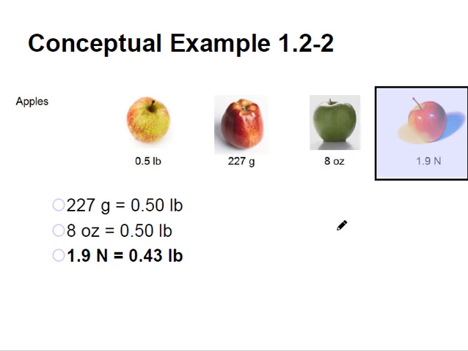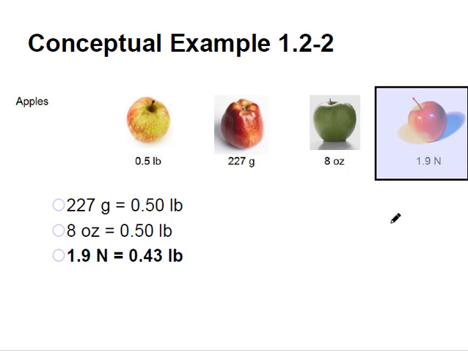Okay, we do the same thing, and we're going to choose which objects weigh more. 227 grams is 0.5, half a pound. And you have half a pound here. 8 ounces is half a pound, because 16 ounces is 1 pound. So this and that have the same weight.